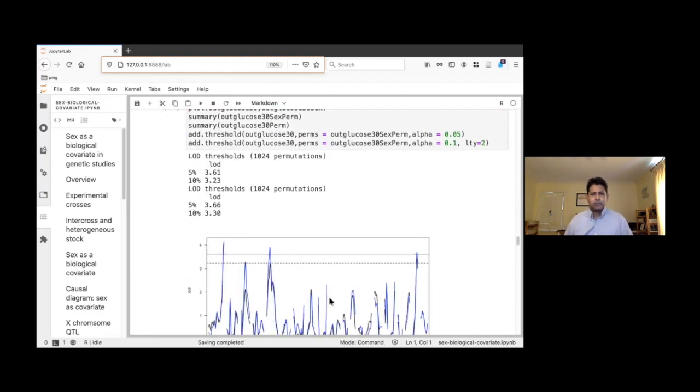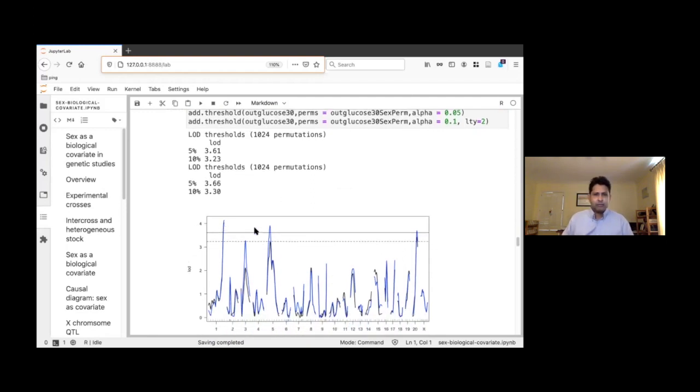Okay, so you can see that now, previously I had between 1 to 3 Qtl.